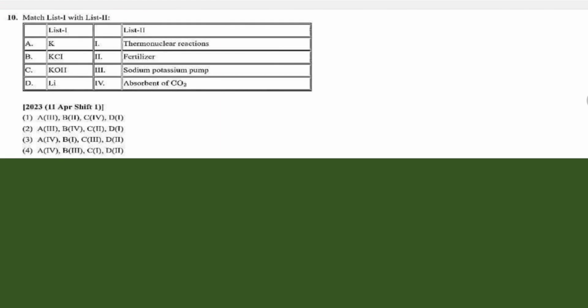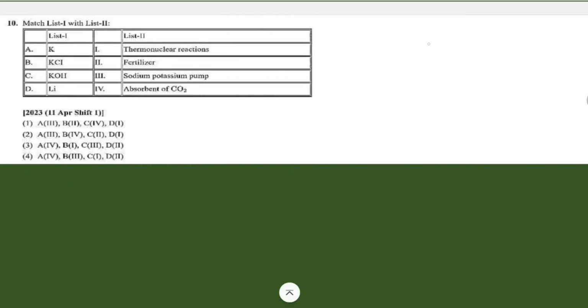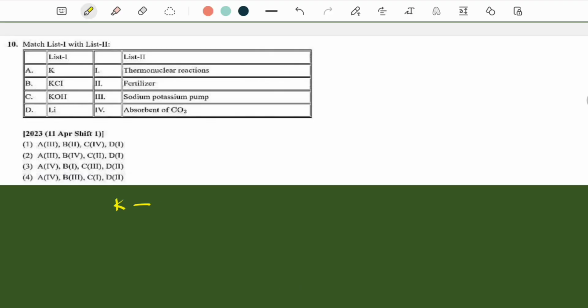Coming to potassium, the movement of potassium ions is indeed involved in the functions of the sodium potassium pump.